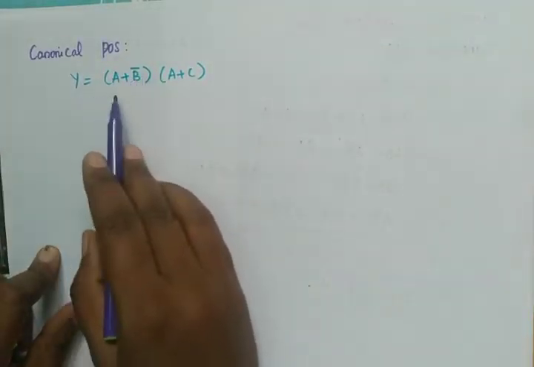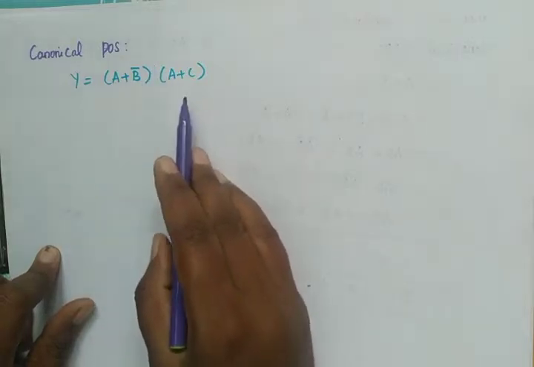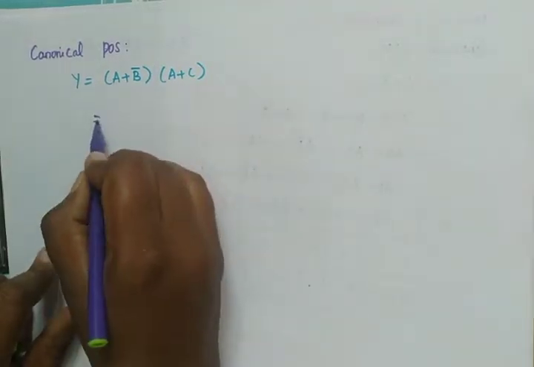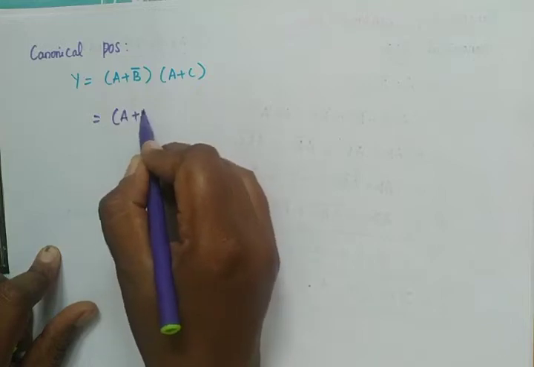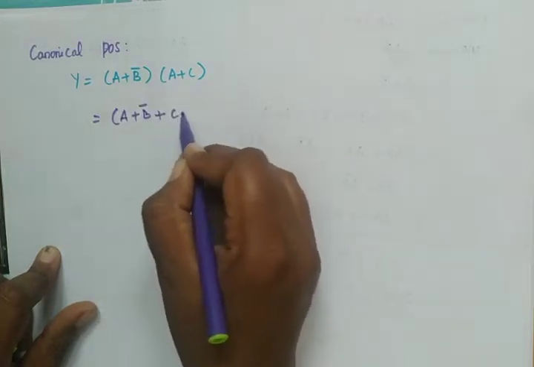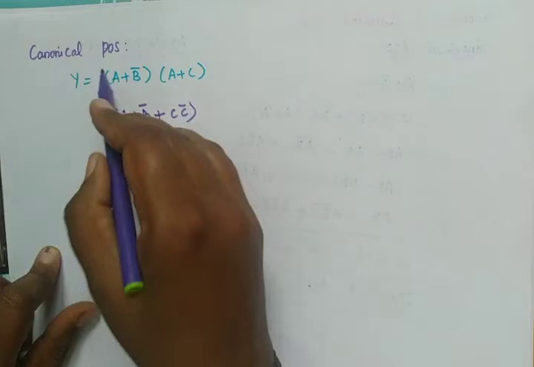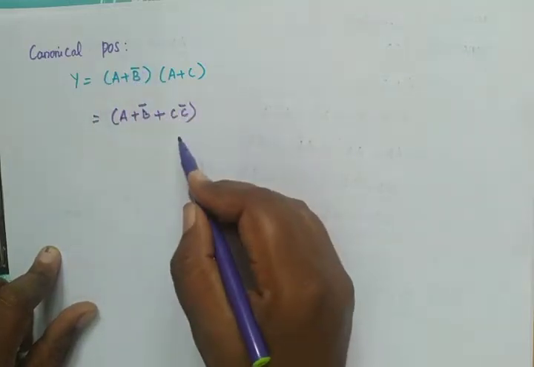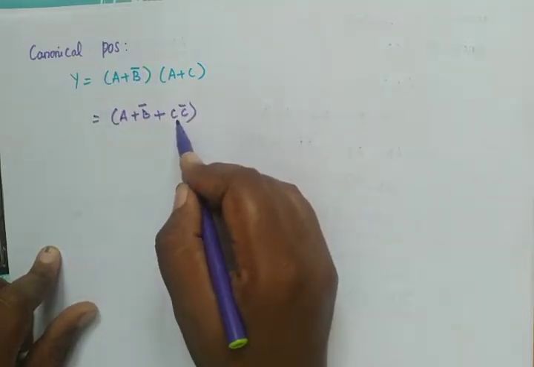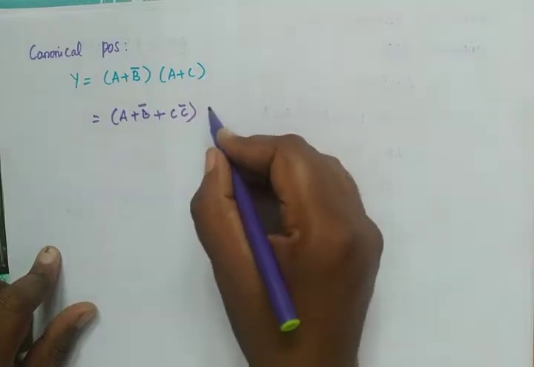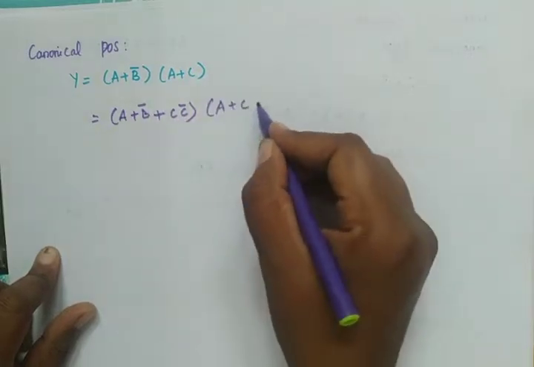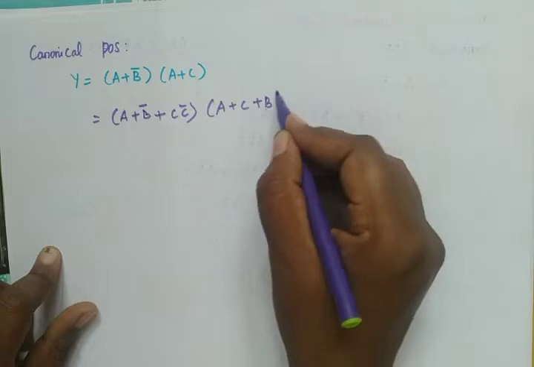Here we have y = (A + B')(A + C). Now what we have to do is (A + B' + C'), because it is product of sum. So we have to add the missing literal to each term. Here the missing literal in the second is (A + C + B').